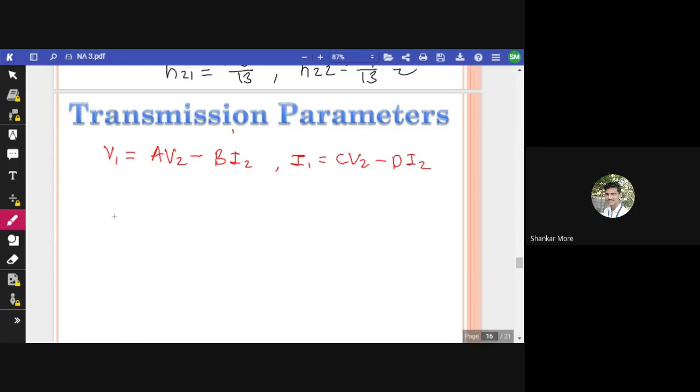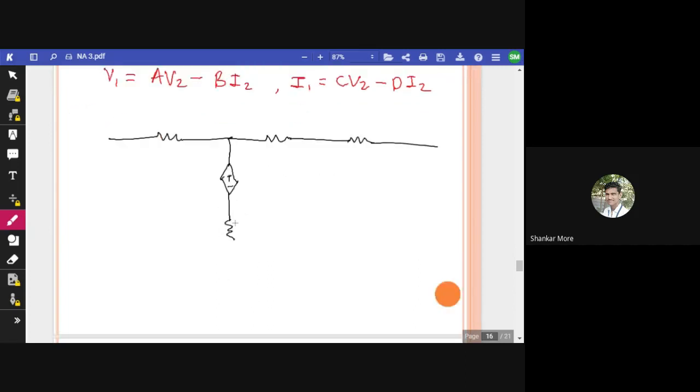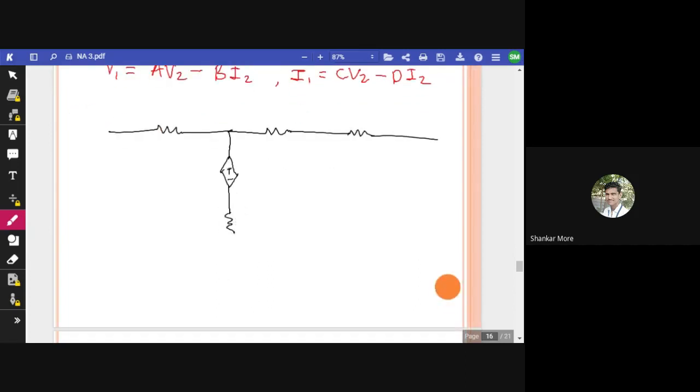All right. So this is a resistance. I have another resistance here, and there is a third resistance here. Here we have one dependent voltage source. Here again, I have one resistance, and this is the ground line.